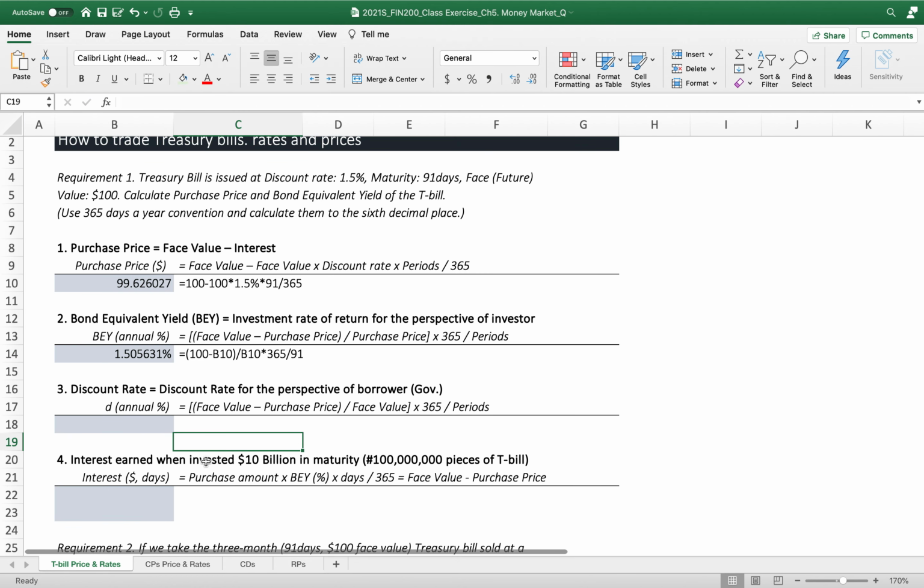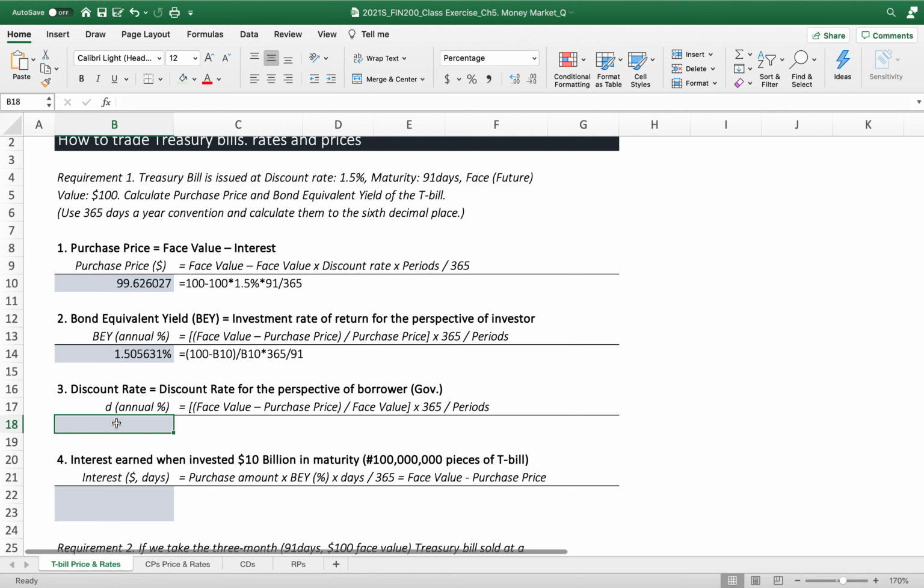Now it's totally a different perspective. Discount rate is the rate when the government issued this treasury bill to get this purchase price. How much purchase price you have to put into this treasury bill to get, 91 days later, the face value. That is the discounted concept, right?